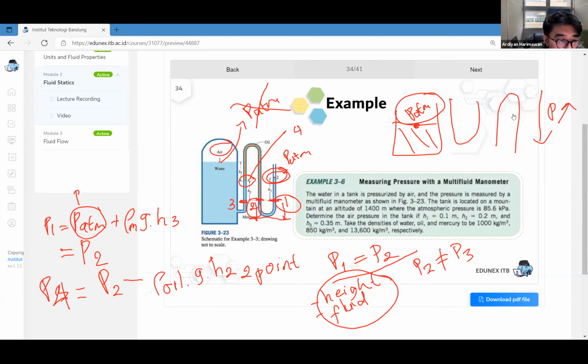So point 4 will be lower. Pressure at point 4 will be lower than pressure at point 2. So it will be P2 minus density of the oil times G times height difference between point 4 and point 2.